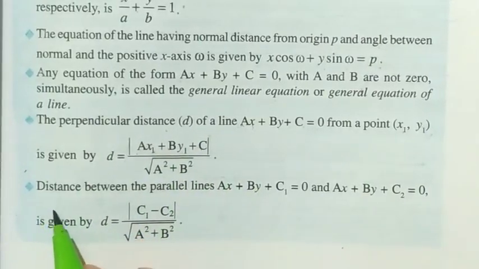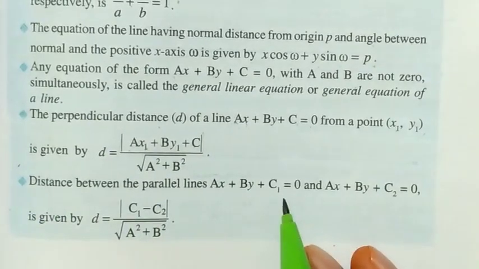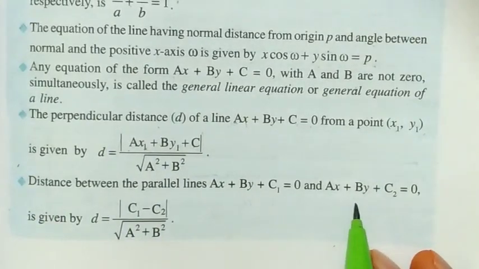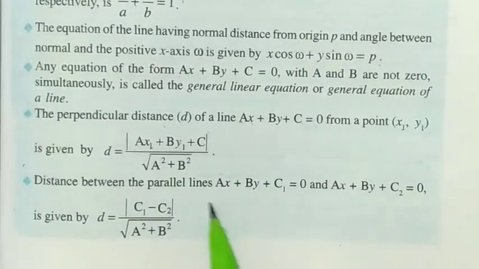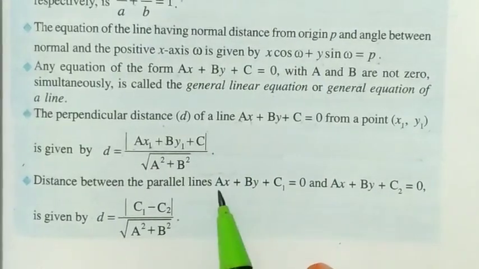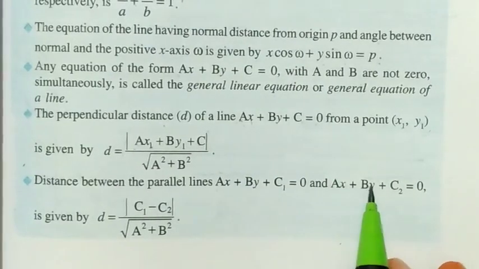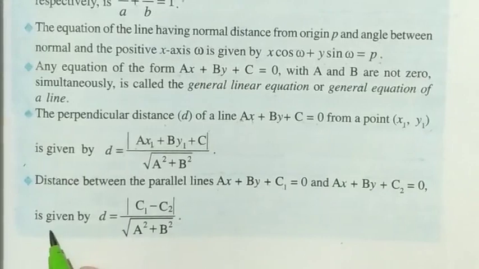Now next point, the distance between the parallel lines ax plus by plus c1 equal to 0 and ax plus by plus c2 equal to 0. If two lines are given, first check that they are parallel. If they are parallel, then the ax plus by part will be exactly the same, and then plus c1 and plus c2. So what is the distance?